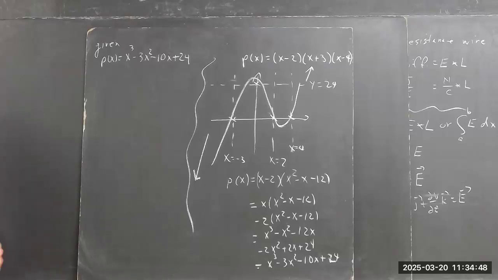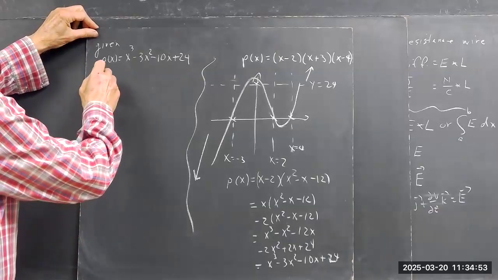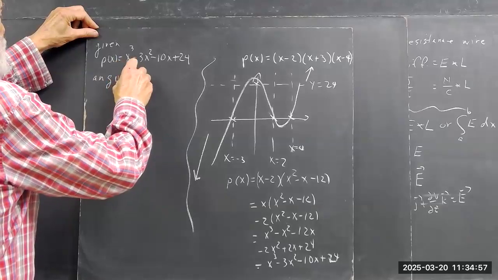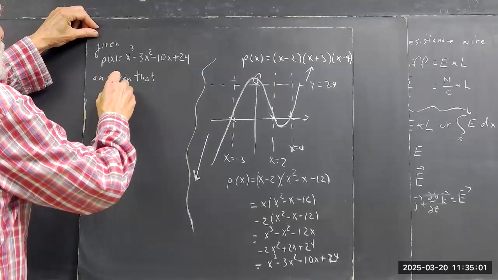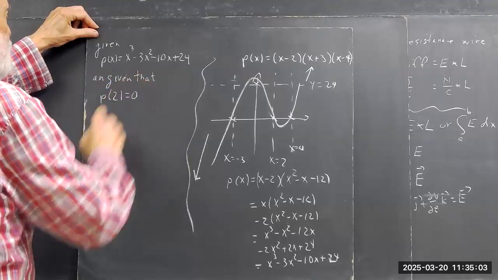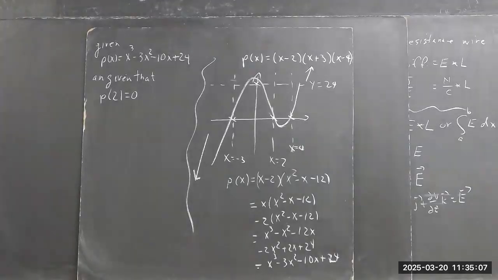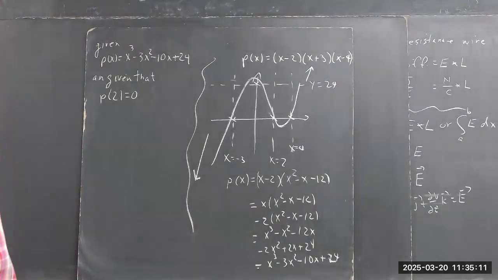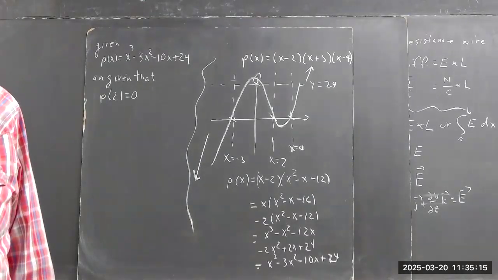Well, what you can do is, given this and given that p of 2 equals 0, and it's not hard to figure out that p of 2 is 0 for this function.